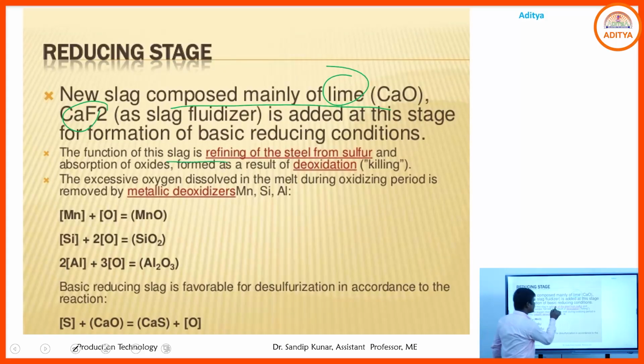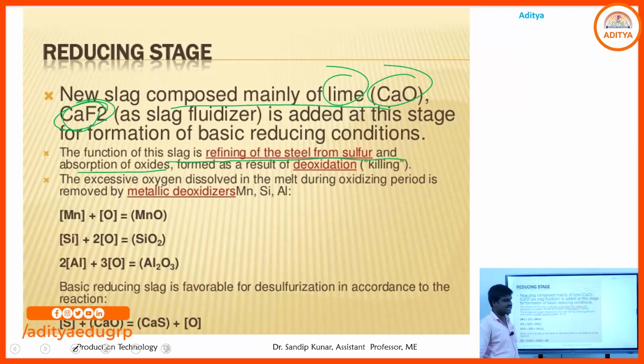The function of that slag is refining the steel from sulfur and absorption of oxides. It absorbs the oxides formed as a result of oxidation.